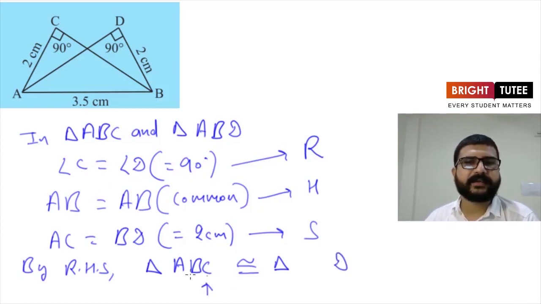So at the end we are going to write D, and then we have AC equal to BD. So here AC is this side. It means angle B of triangle ABC will be equal to angle A of triangle ABD, because vertex A is opposite to BD of triangle ABD.